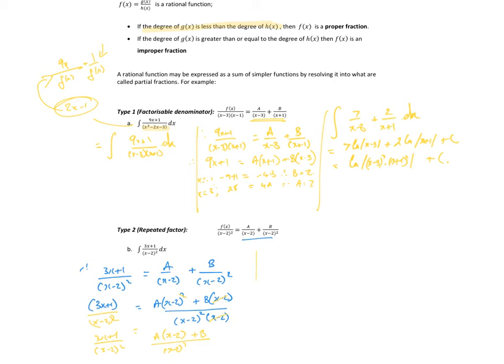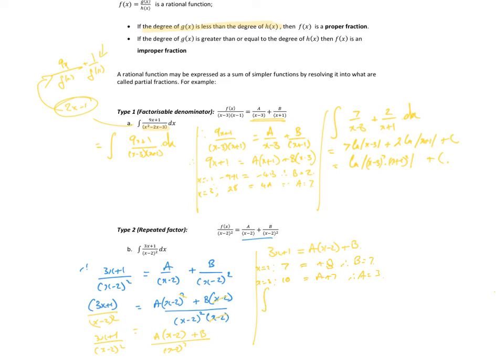So if we just equate the numerators, 3x plus 1 is equal to a outside of x minus 2 plus b. Now if I put x equal to 2, I'm going to get 7 is equal to 0 plus b. b is equal to 7, and now I can put any value for x that I like. Might just put x equal to 3 to keep everything positive. I get 10 is equal to 3 minus 2, which is 1, times a, plus 7. Therefore, a is equal to 3.